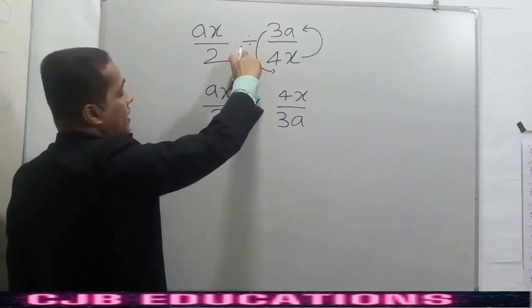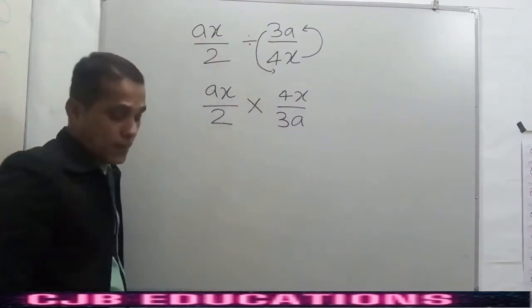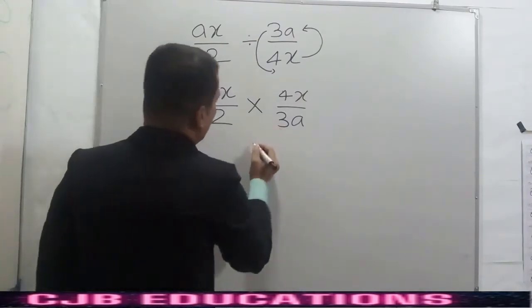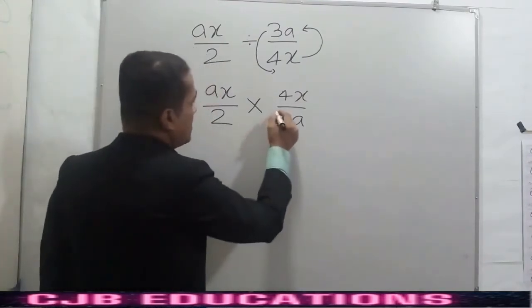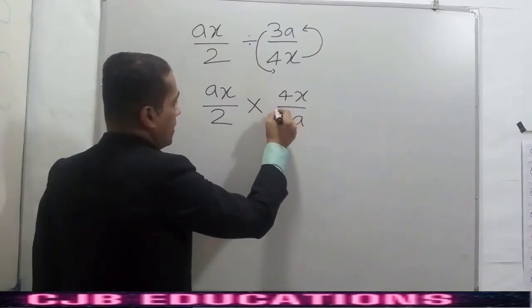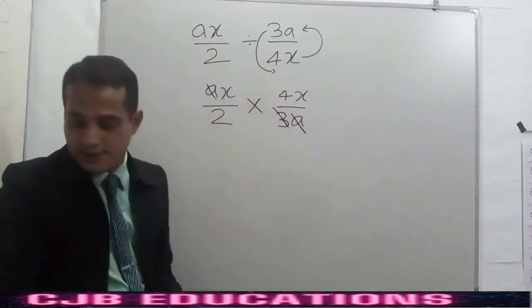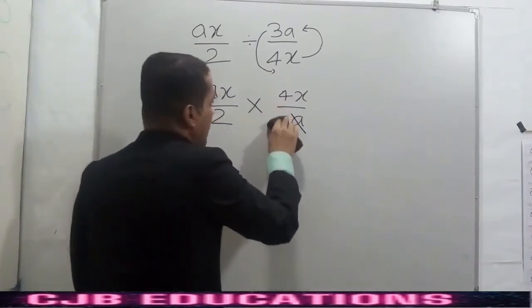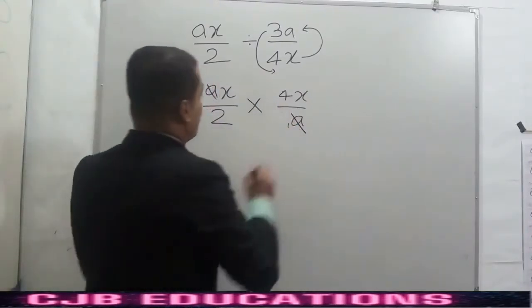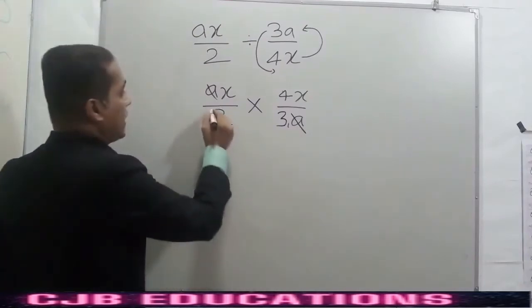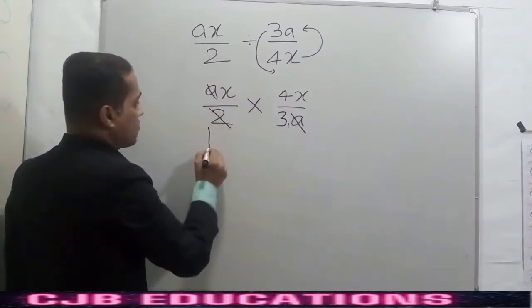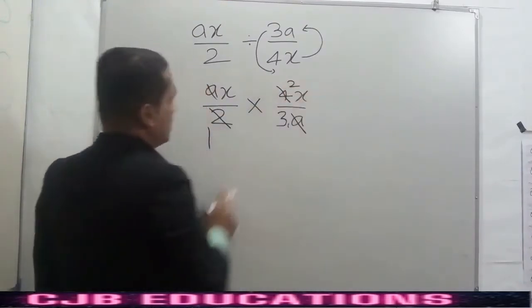Then dividing becomes multiplying. Then we can find out this simplification. Then we can cancel this a with this a, and we can cancel 2 times 1, 2 times 2.